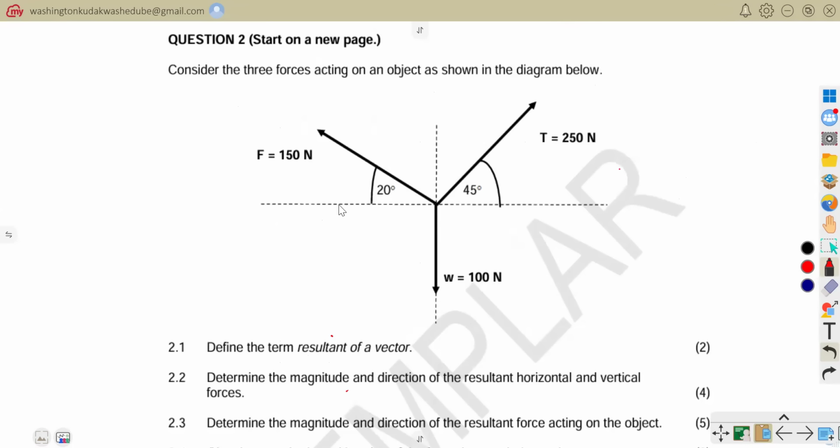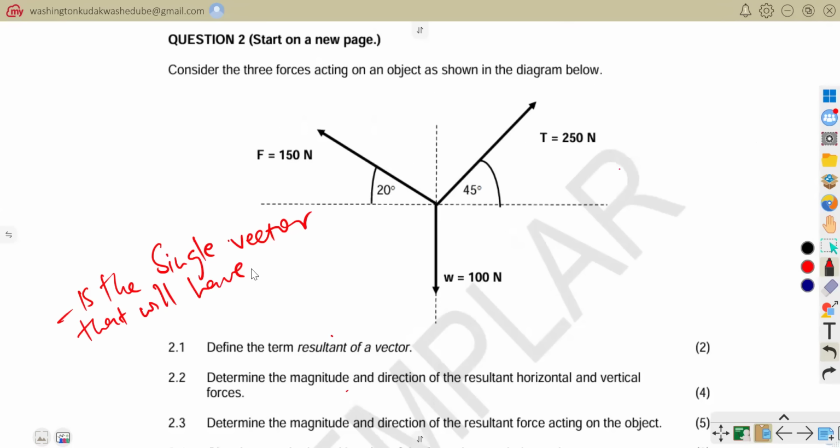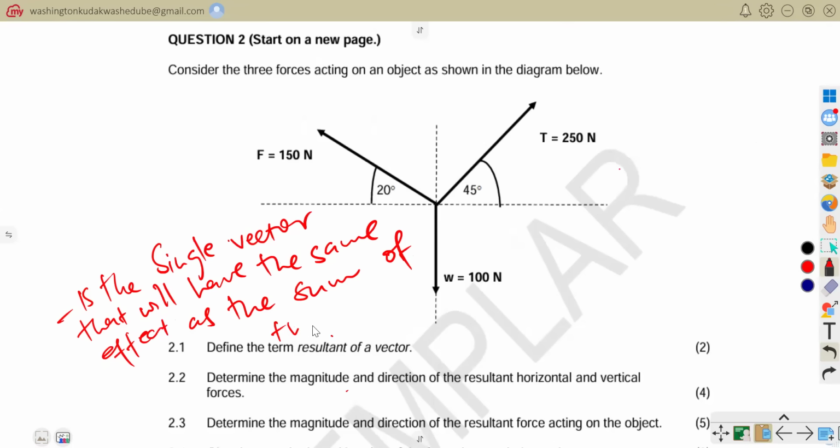We know that the resultant vector is the single force, or else the single vector, that will have the same effect as the sum of the individual vectors.